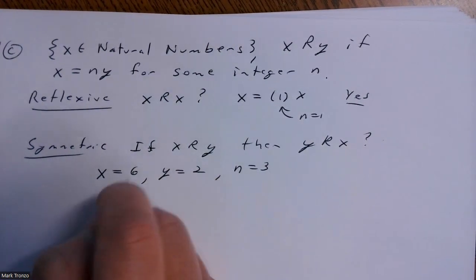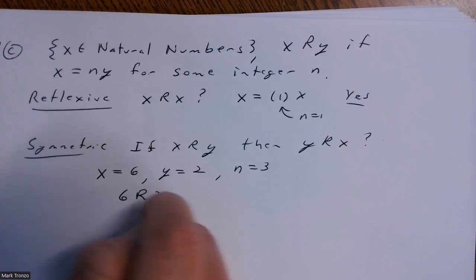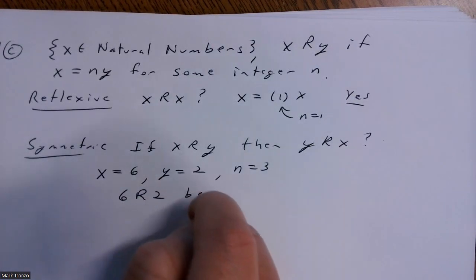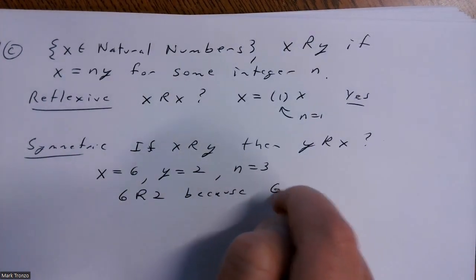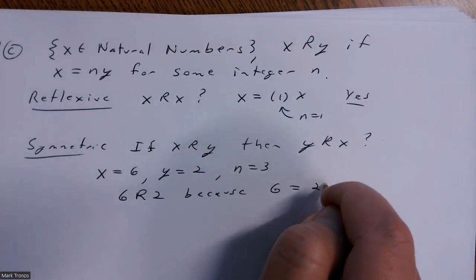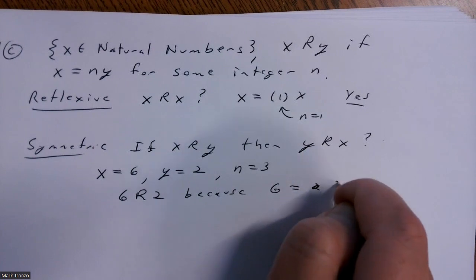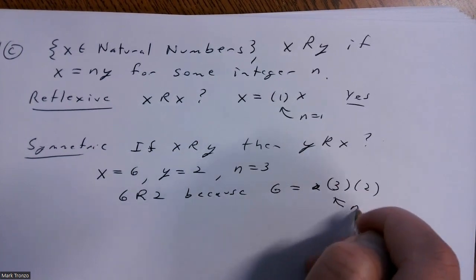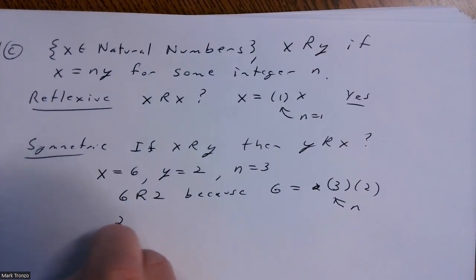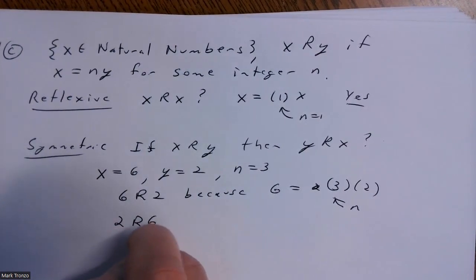What I'm trying to say is 6 is related to 2 because 6 is equal to 3 times 2, where this was our N. So the question is, is 2 related to 6?